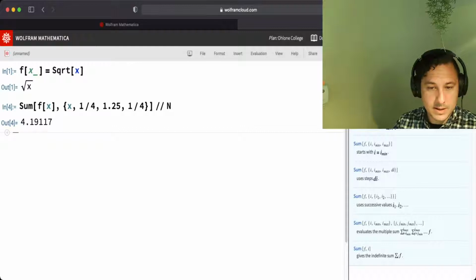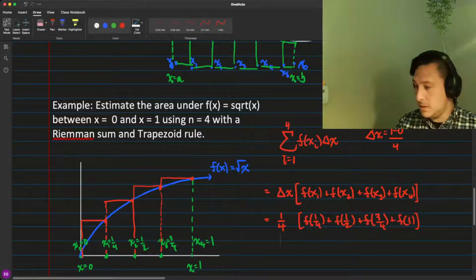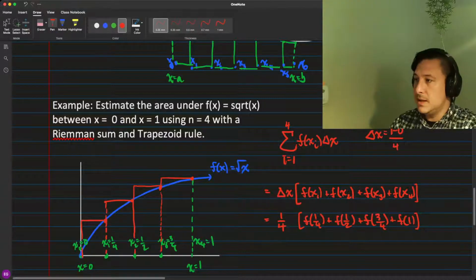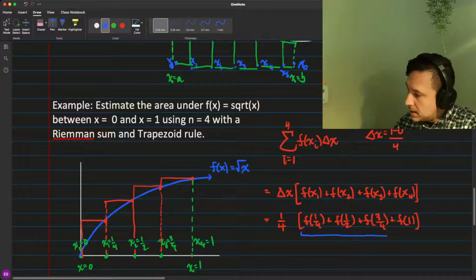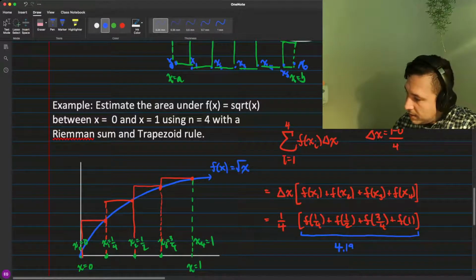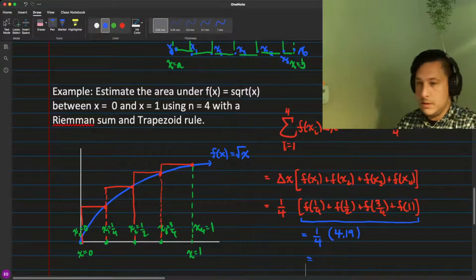Okay, so let's go back to OneNote. So what we found out here is that this sum right there is approximately 4.19. And then we have the 1/4. So what's 1/4 of 4.19?